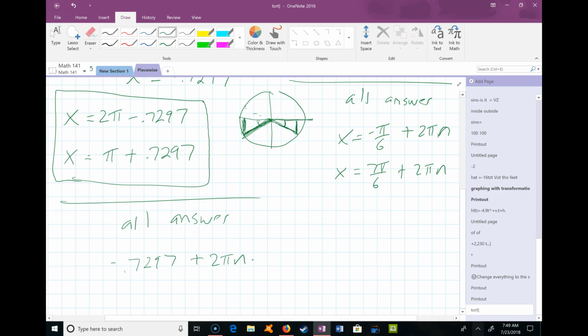And then my other answer, I'd have to grab this one somehow. So I have it right there. I could just use that. So then I would say pi plus 0.7297 plus 2 pi n, where n is all integers.